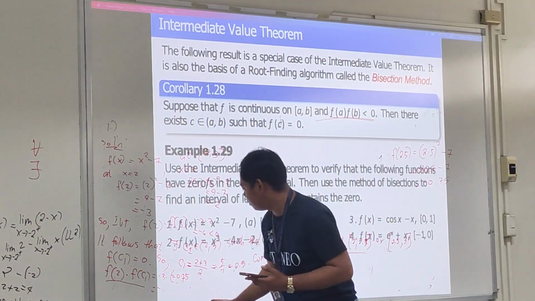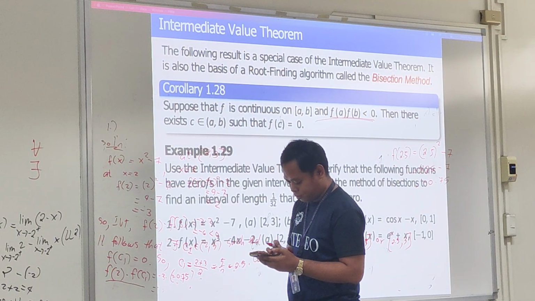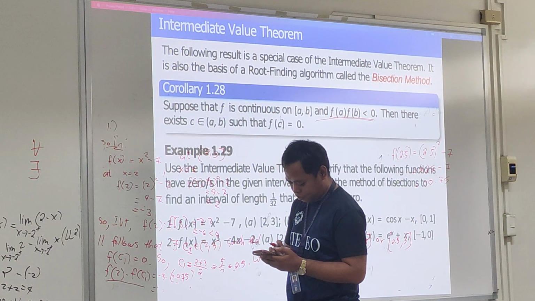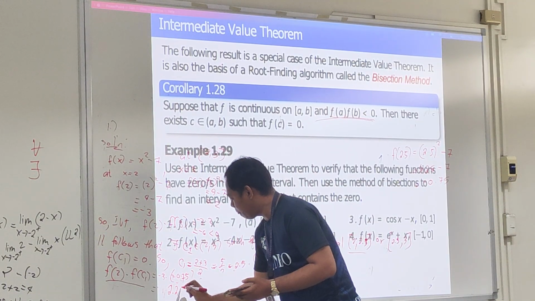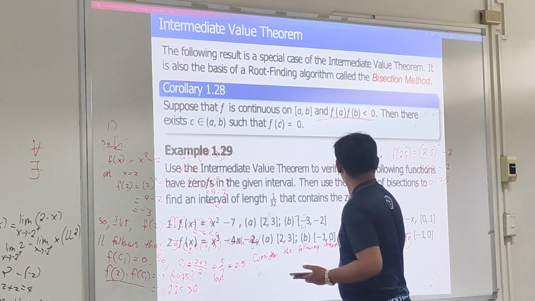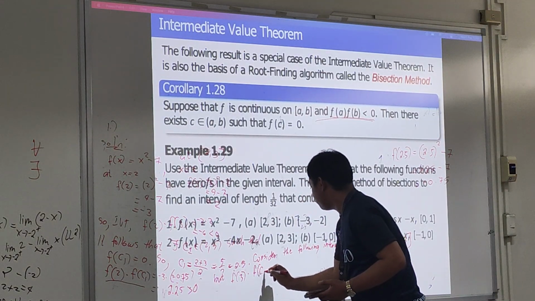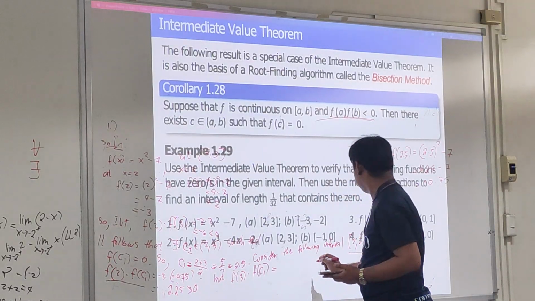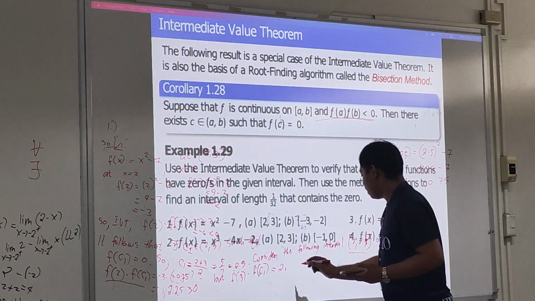So negative times positive gives a negative product, which is what we want. But f of 3 times f of C1, what is the value? f of 3 is 2, times negative 0.75.